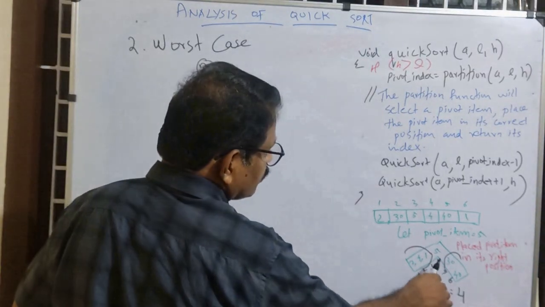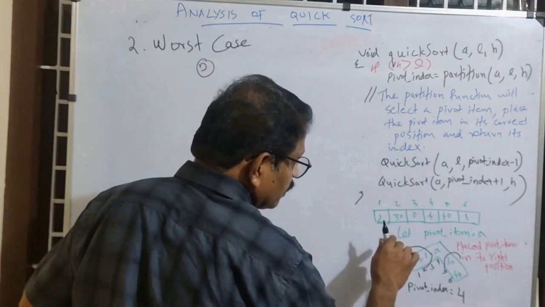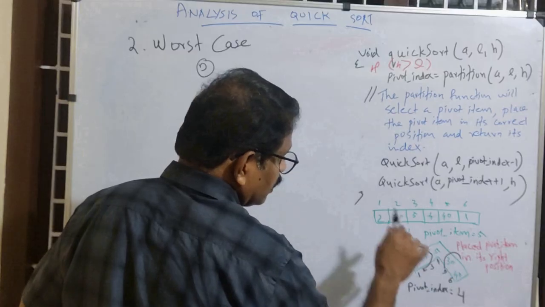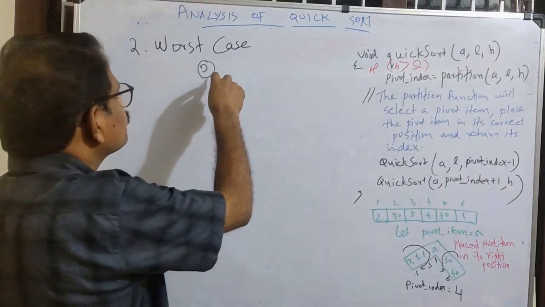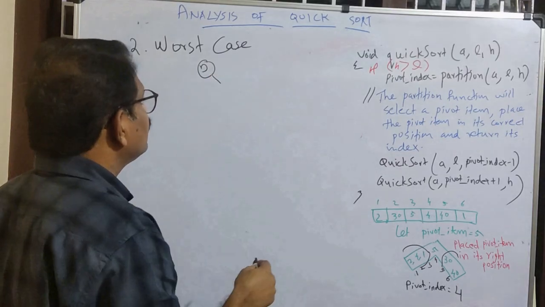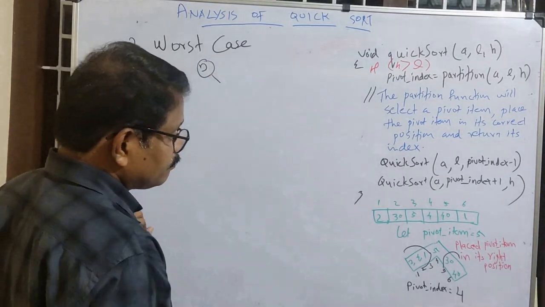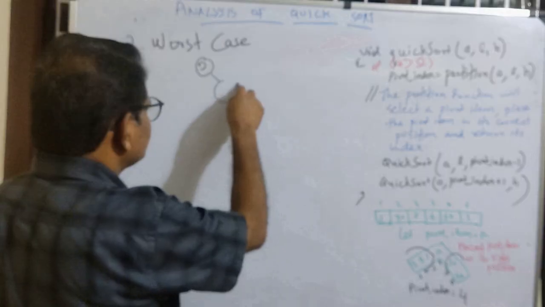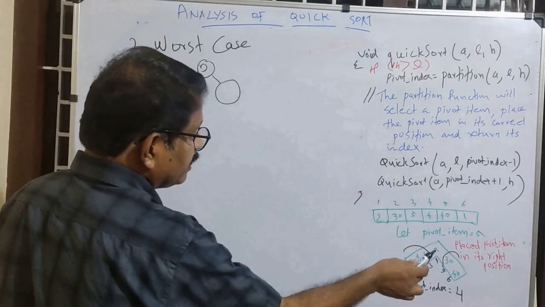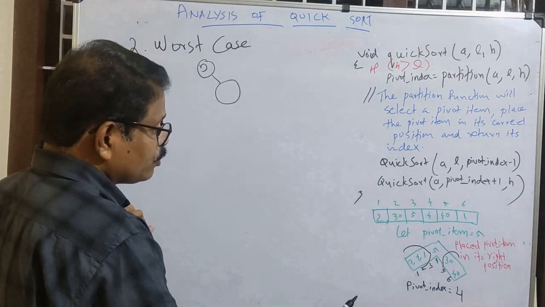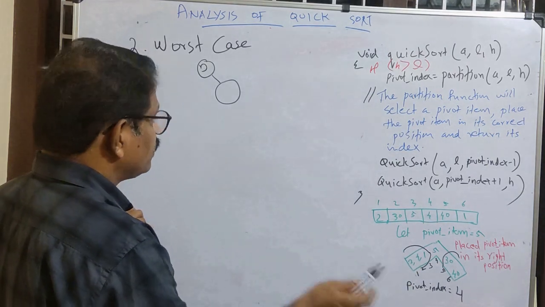All other elements will skew to the right side. That is, you will be getting a picture like this. Here, the pivot item is set in the right position, so no need to think about it further.